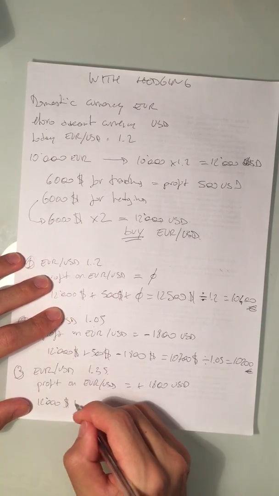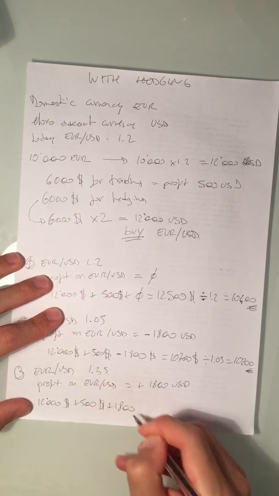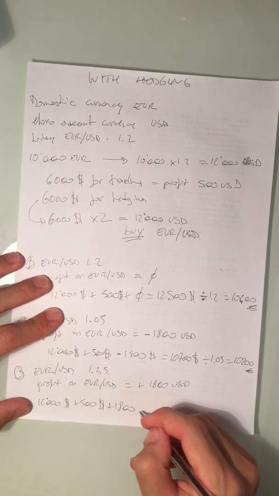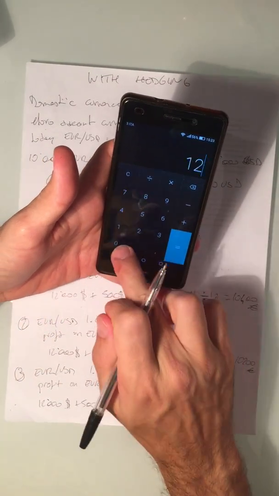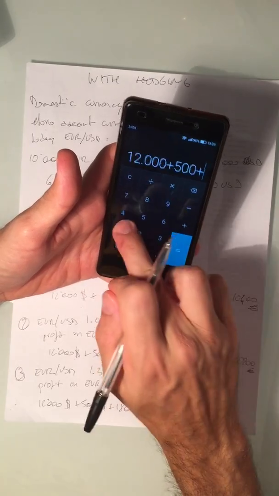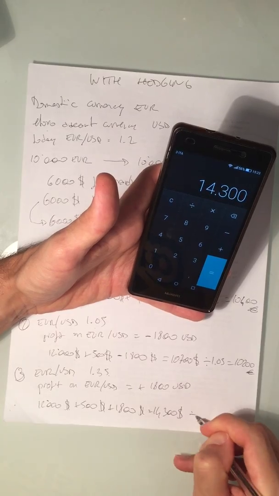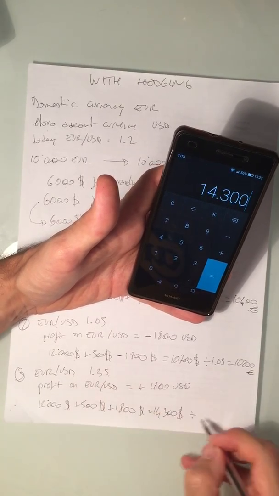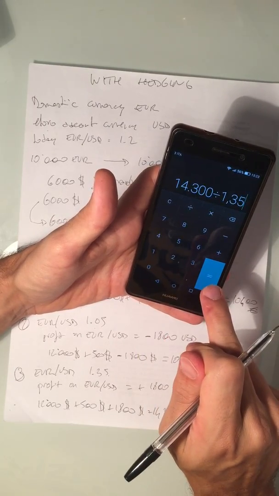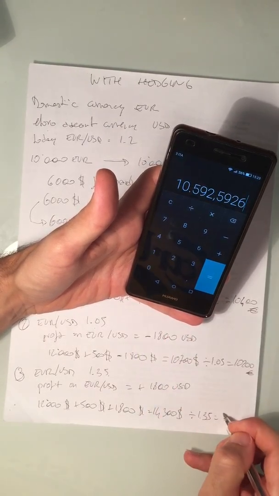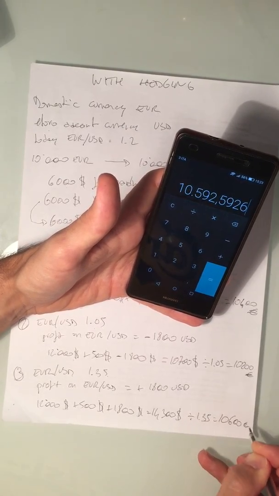Perfect. Last case, 12,000 US dollars plus the trading profit plus the profit on euro US dollar. This means that 12,000 plus 500 plus 1,800, so you have 14,300 US dollar divided, if you want to transfer at this rate, 1.35, 10,600 euros.